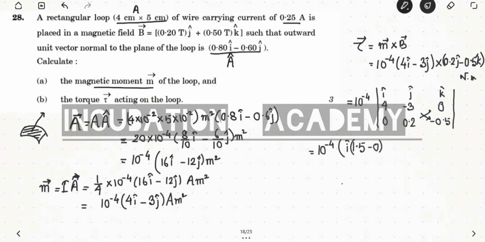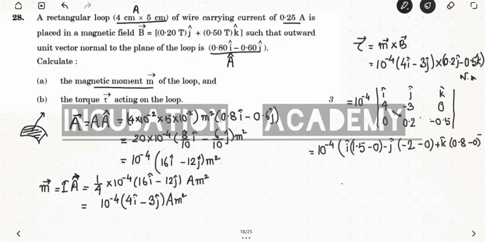Now for the j cap, with a minus sign in front: 4 into 0.5 is 2, then 0 into 0 is 0, so the j cap is minus 2. For the k cap, 4 into 0.2 is 0.8, minus 0 into minus 3, which is 0.